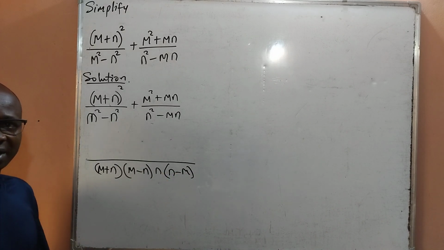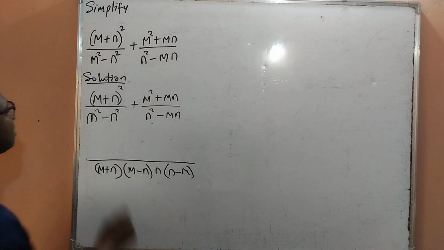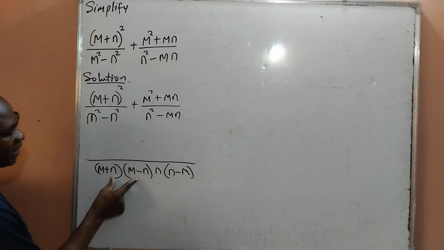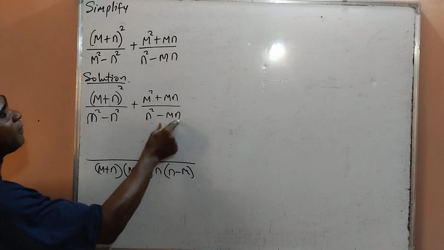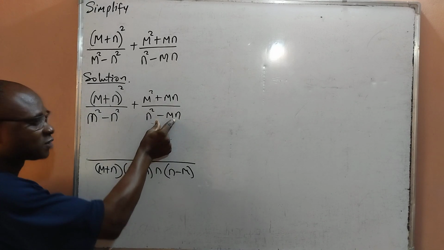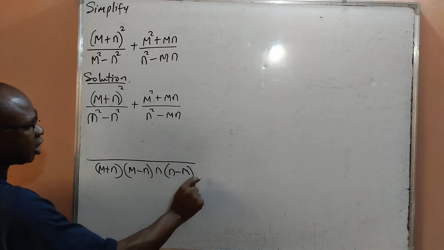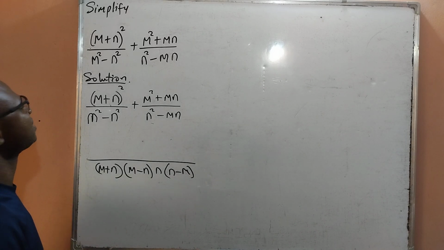This will serve as the LCM. What have I done? The difference of two squares is expressed here as part of the LCM, and the factored form of the denominator in the second expression is also written down. All of them serve as the LCM.